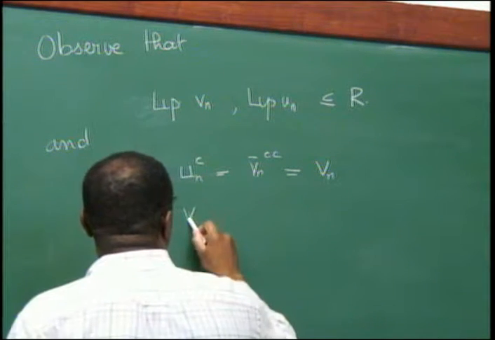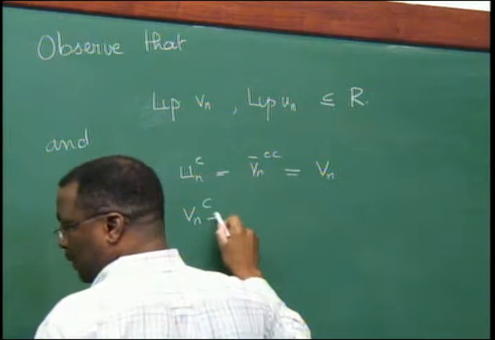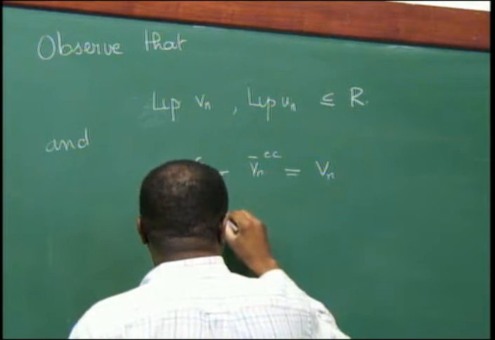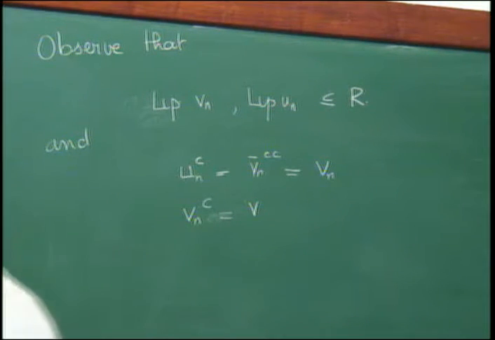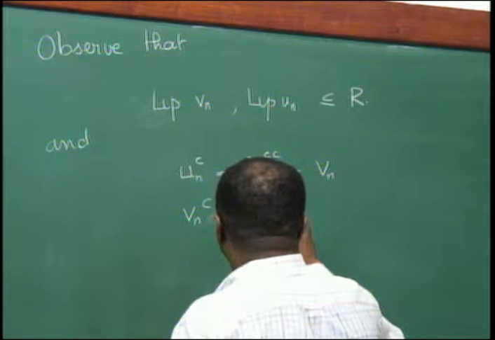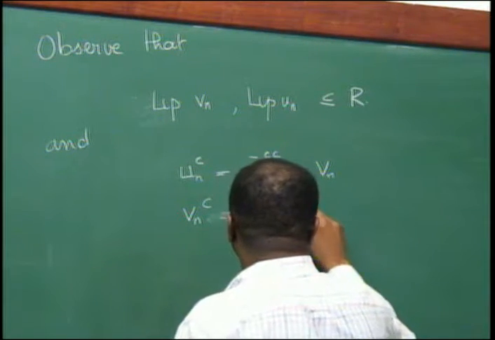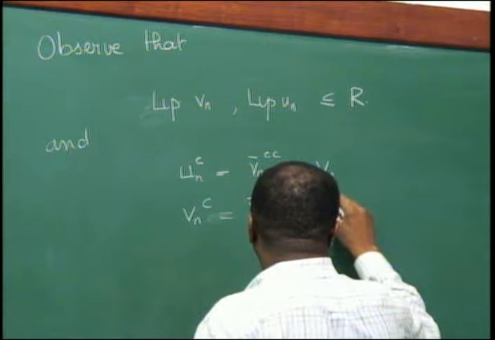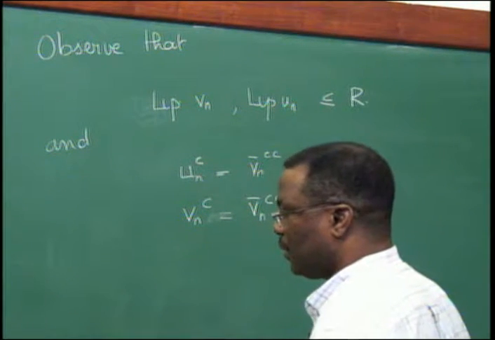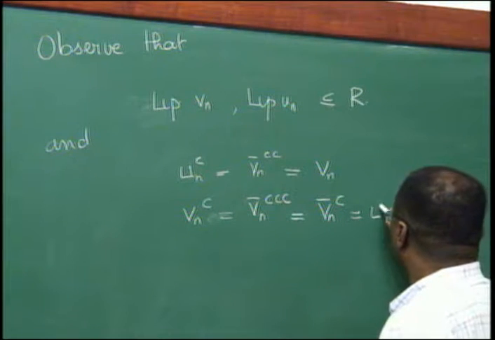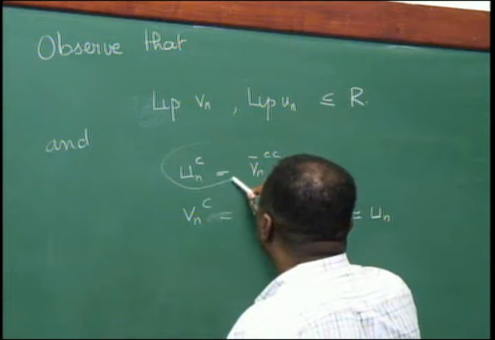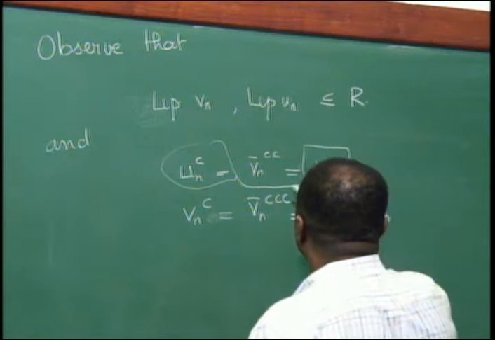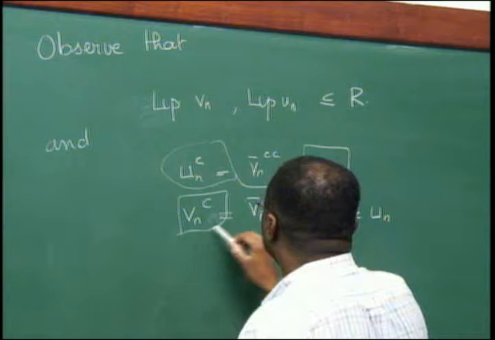If I compute vnc, this is v bar nccc, which is v bar nc. But v bar nc is un. And so what I remember is this equal to that, and that equal to this.